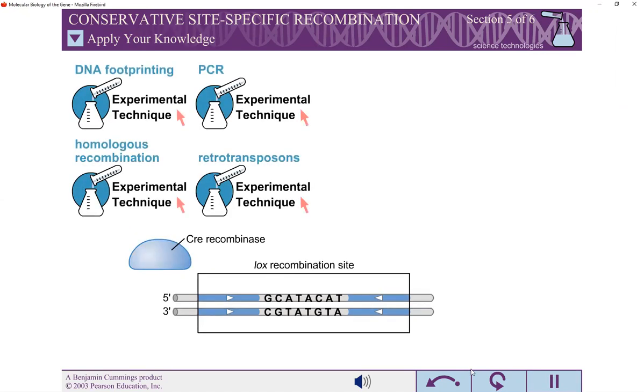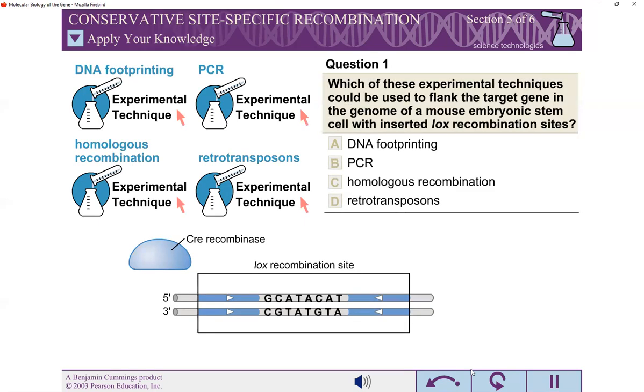Question 1. Which of these experimental techniques could be used to flank the target gene in the genome of a mouse embryonic stem cell with inserted lox recombination sites? Now see, which of these experimental techniques can be effectively used to flank the target gene in the genome.